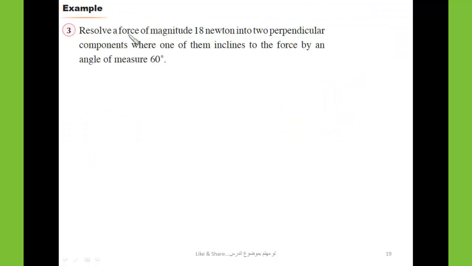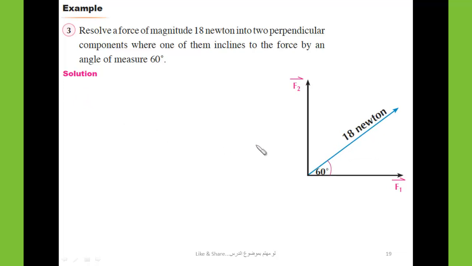Example: resolve a force of magnitude 18 newtons into two perpendicular components, where one of them inclines to the force by an angle of measure 60. Solution: we have the resultant force of 18 newtons, inclined to F1 with an angle of measure 60.